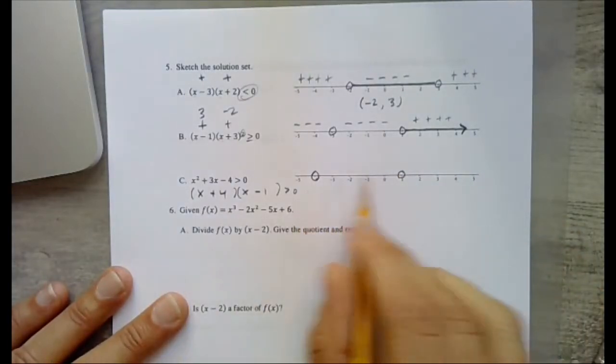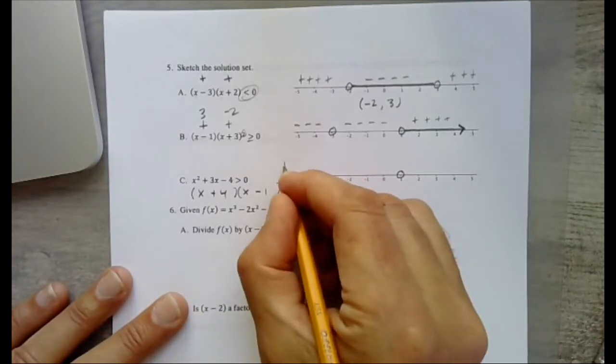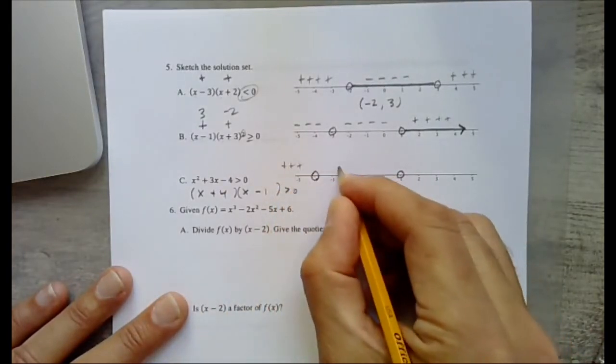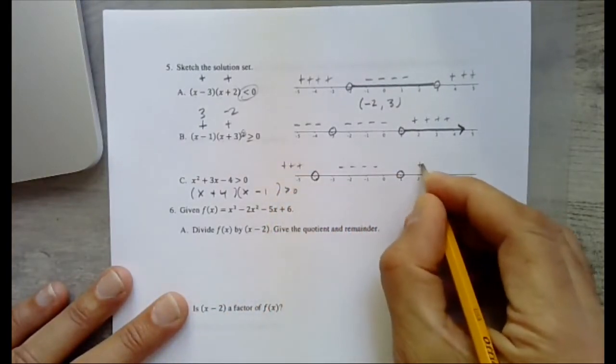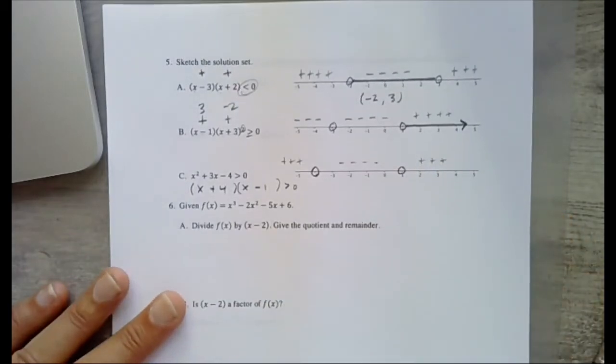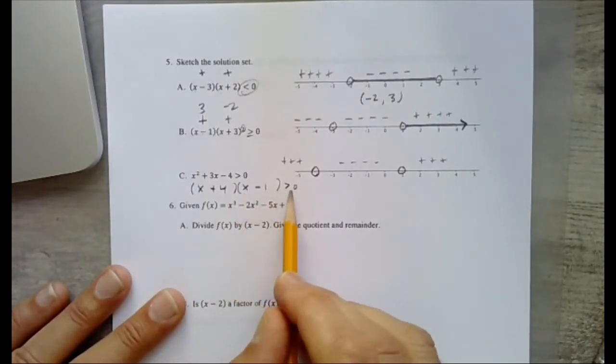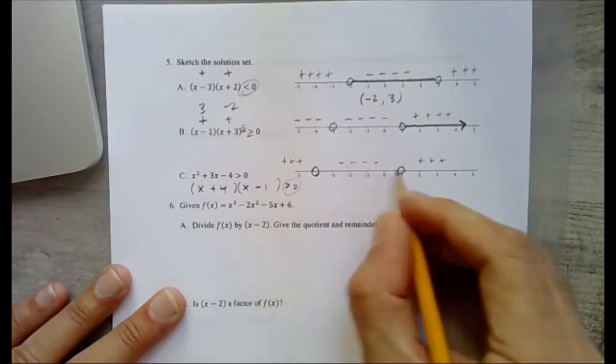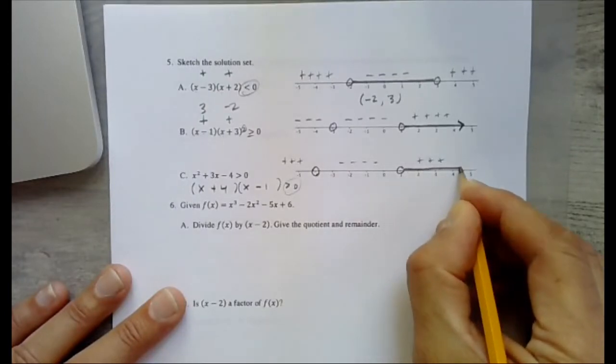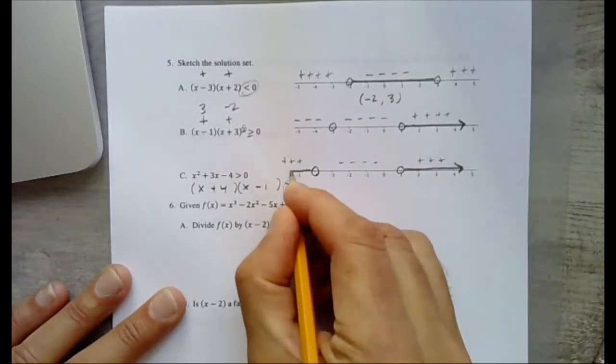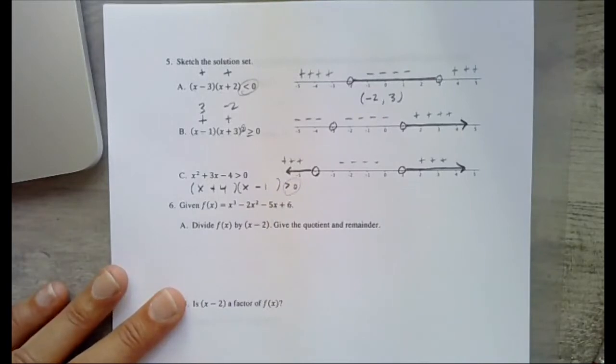All right, and then if we go through the same process, I'm going to tell you that you're going to get positive over here, we're going to get negative in between, and we're going to get positive over here. Okay, you can check that and pick some numbers in those intervals and just see what happens. And then we want to know, where is this going to be greater than 0? So greater than 0 would be out here or over here.